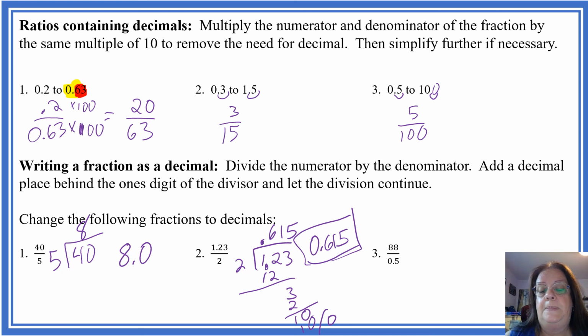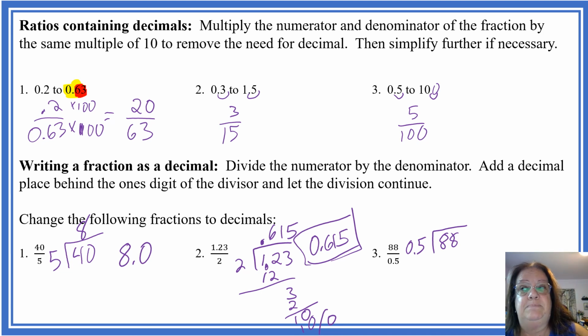Now we have 88 divided by 0.5. If it was me, I would look at that as 88 divided by 1/2 and flip and multiply. Much easier. But right now, this is the way we're doing it, so you can see how it works. 1/2 or 0.5 goes into 8 16 times, right? There are 16 halves in 8.